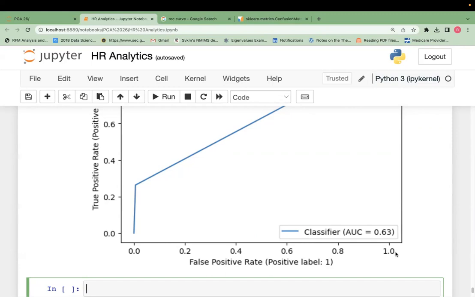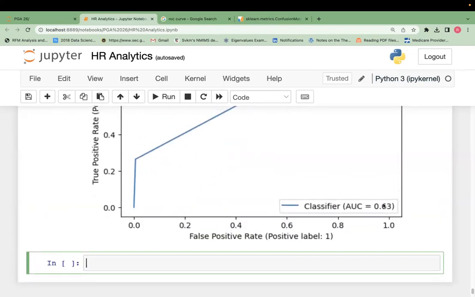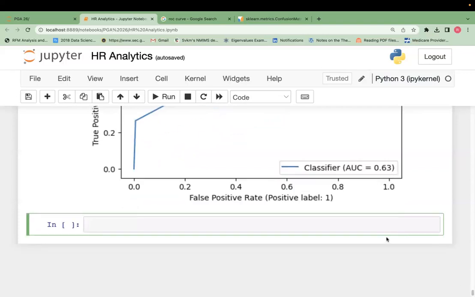Under 0.70 is underfitting, above 0.95 is overfitting. So the range for all classification metrics is 0.70 to 0.95. AUC also should be in that range only, but we got only 0.63, which indicates it's not a good fit model. Why it is not a good fit model, we'll know from the classification report.